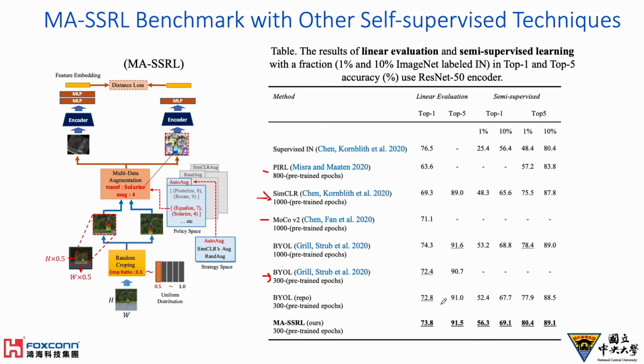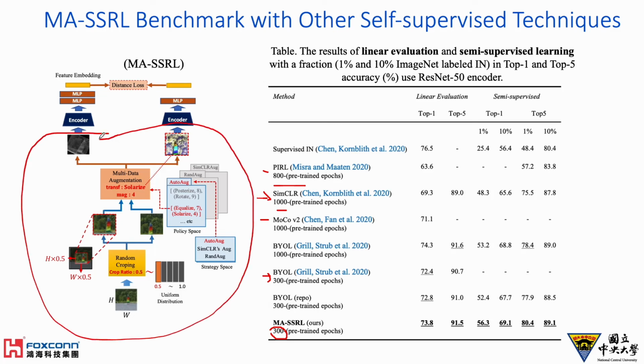Our method only needs 300 epochs, equivalent to one third of the iterations, while all these baselines use 1,000. Yet we achieve state-of-the-art in the semi-supervised evaluation on ImageNet. So by leveraging the multi-augmentation pipeline, we achieve much better performance than the baseline methods.